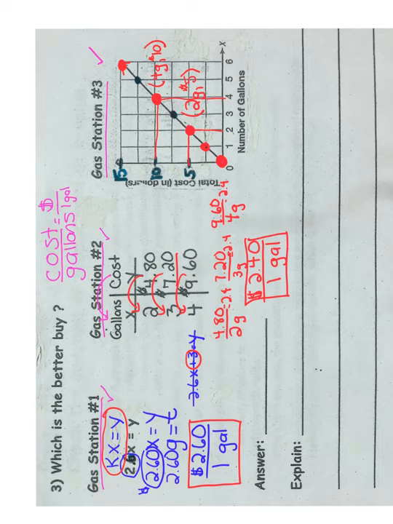My suggestion is anytime you get a graph, create a small table for yourself and pull a few points off the line. 2 gallons for $5, 4 gallons for $10. Now let's set up a ratio for each of these.